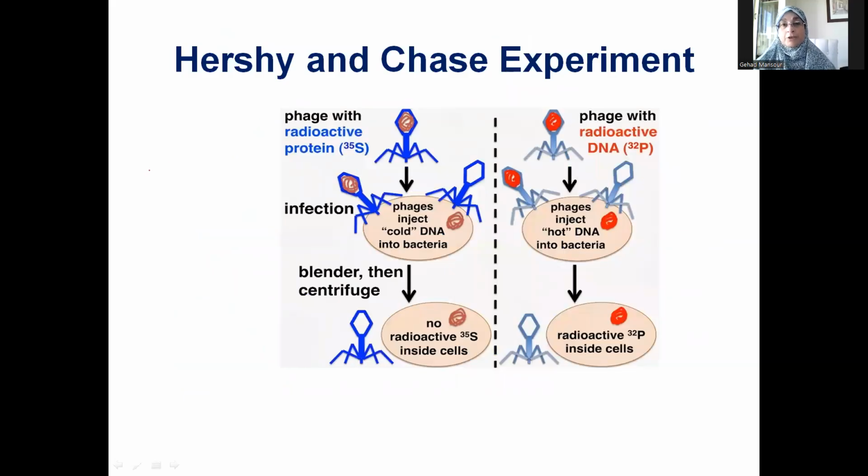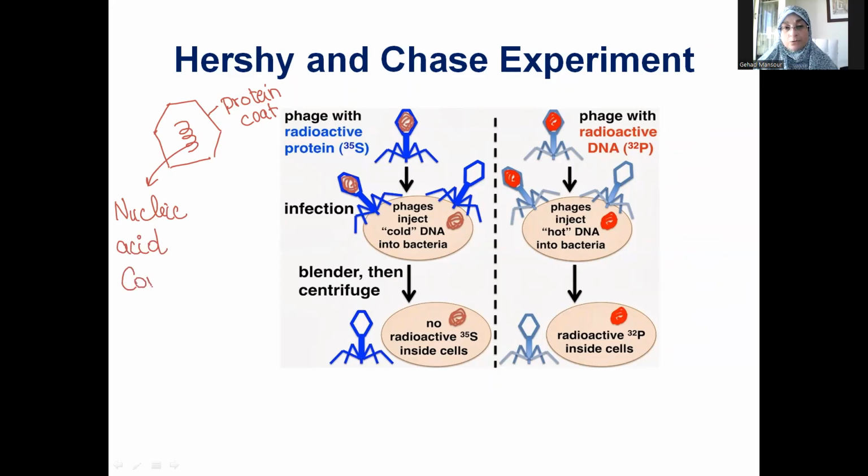The bacteriophage is a very specific and unique virus because it has a head, and that head has a protein coat, okay? And inside the protein coat, there is the core.